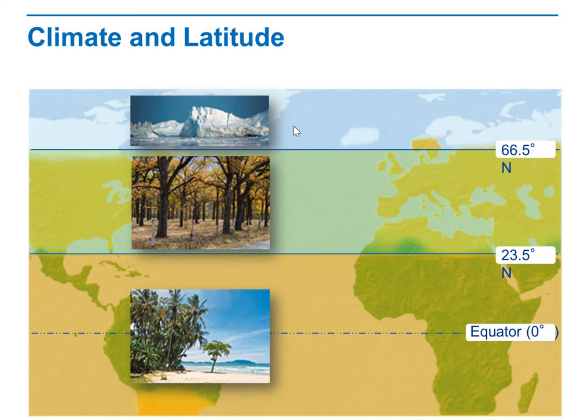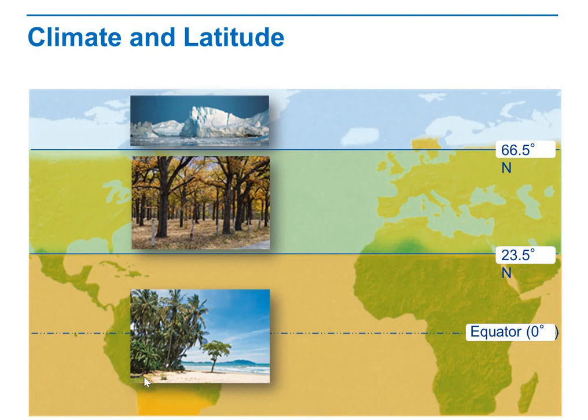Climate and latitude. Latitude is the distance, how far a place is from the equator. It is measured in degrees. Here at the equator, in the middle of the earth, there is a forest.